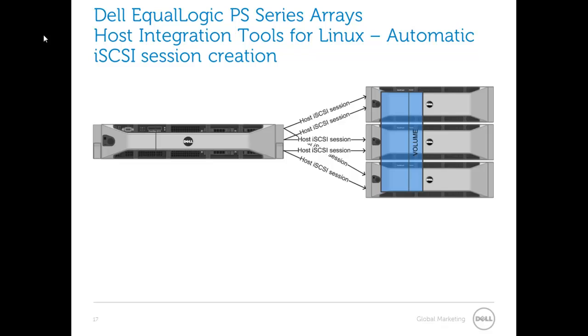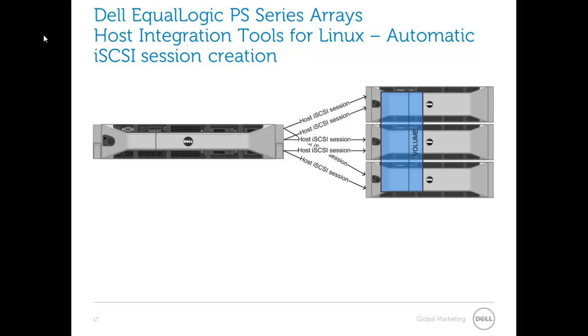If another PS Series array is added to the same group and pool, 2 more host iSCSI sessions will be dynamically created. To summarize, using HIT for Linux will enhance the scalability features of the PS Series arrays by allowing the server to know the volume layout and have direct access to the files on all three arrays. This will decrease the iSCSI overhead between the PS Series arrays.